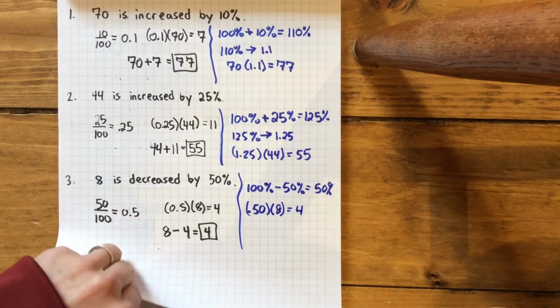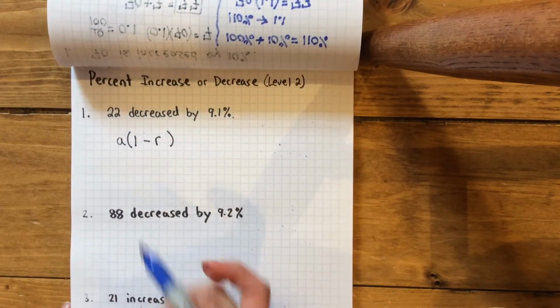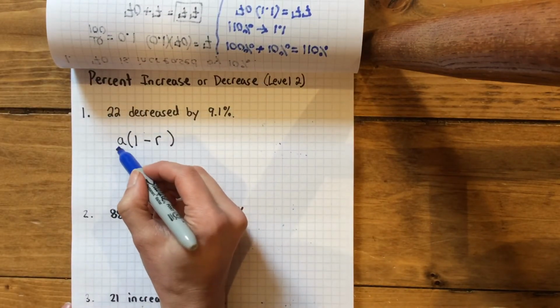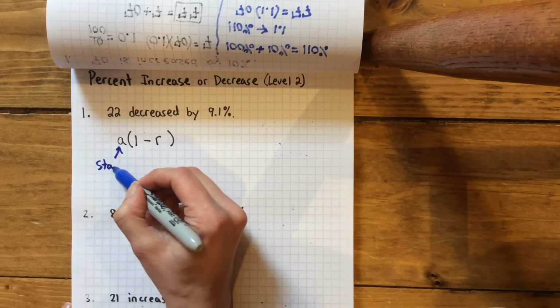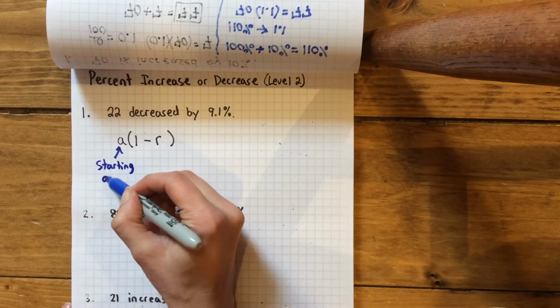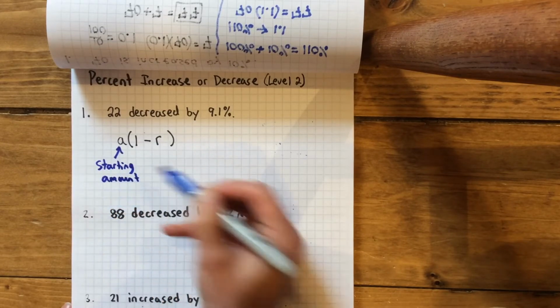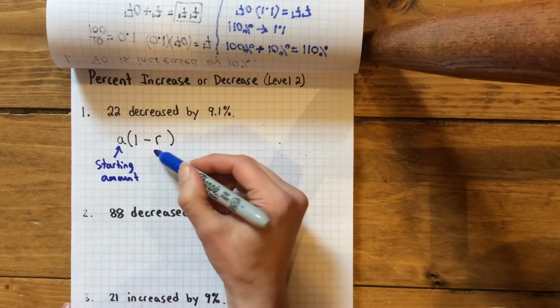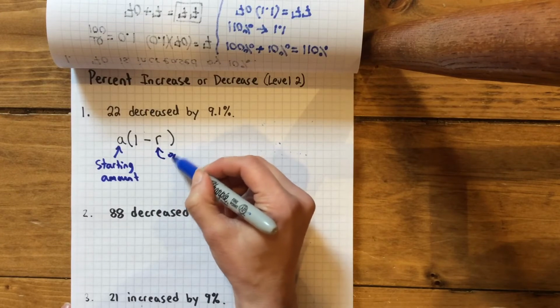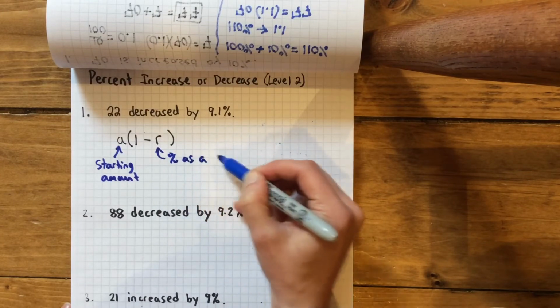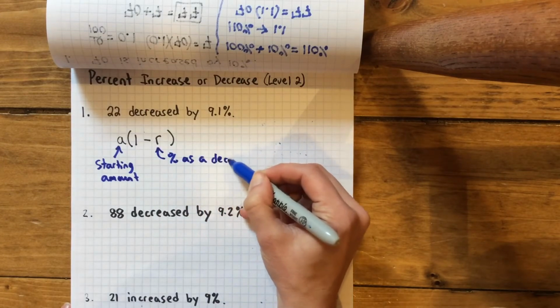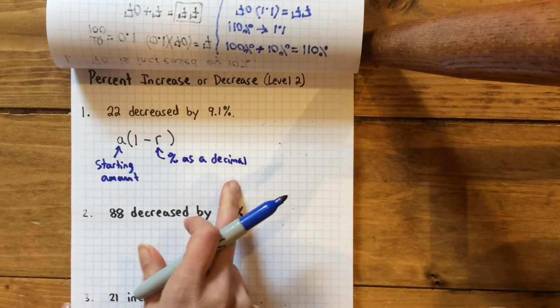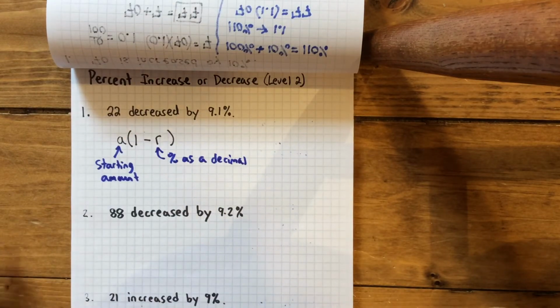This follows a formula where we have A being the starting amount, and then we're going to do 1 minus R, where R is our percent as a decimal, for problems that have decrease.